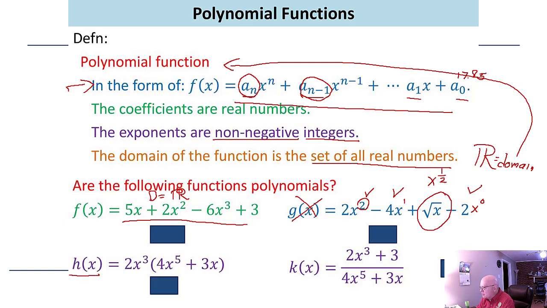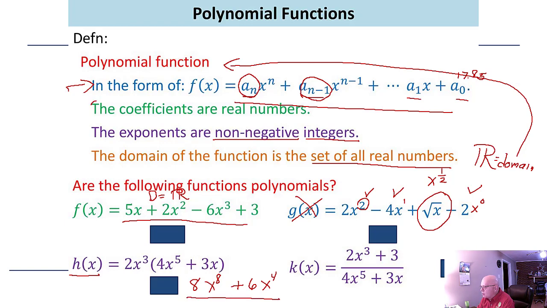Function h. Well, before you do anything, you probably would want to multiply this out. 2x cubed times this, you've got the distributive property you need. So 2x cubed times this, the 8x to the 8th, we'll practice there. And 6x to the 4th, take a look at that.